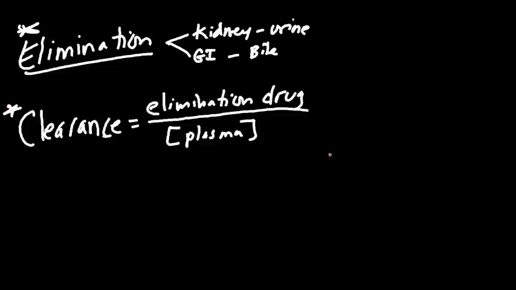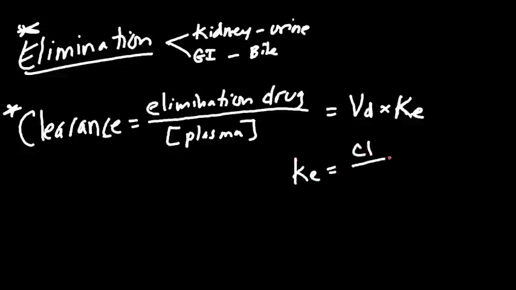Also, you can work this out a different way. Clearance is also equal to the volume of distribution times your elimination constant, K for constant. And your elimination constant is also equal to clearance divided by volume of distribution.